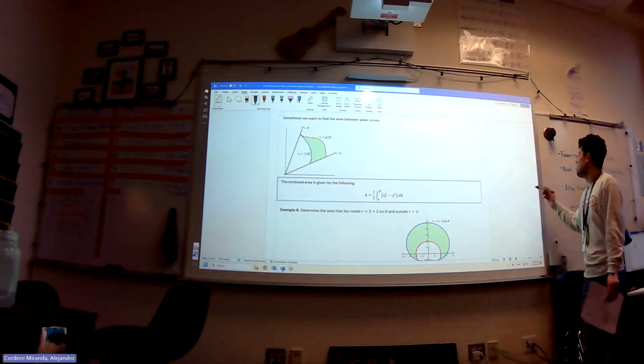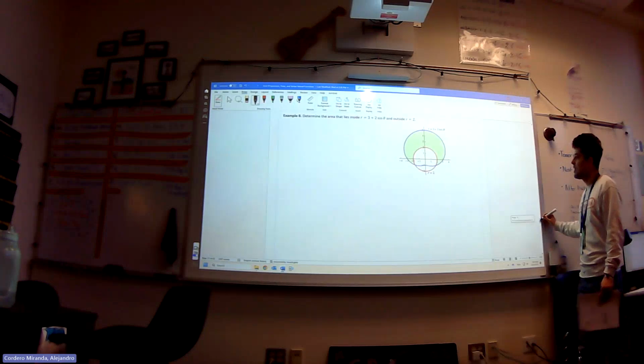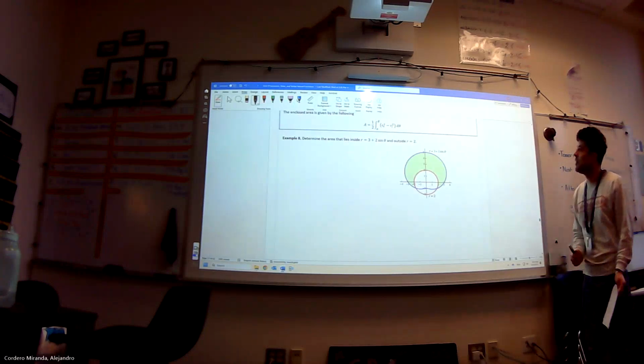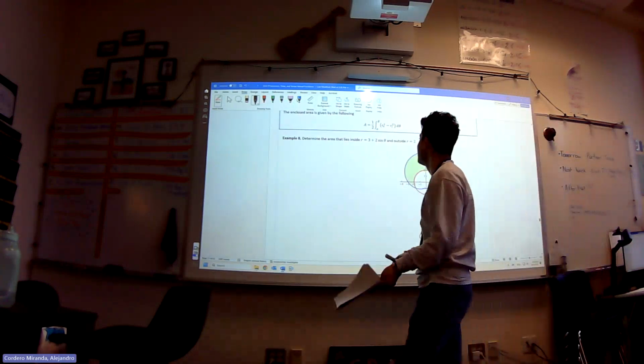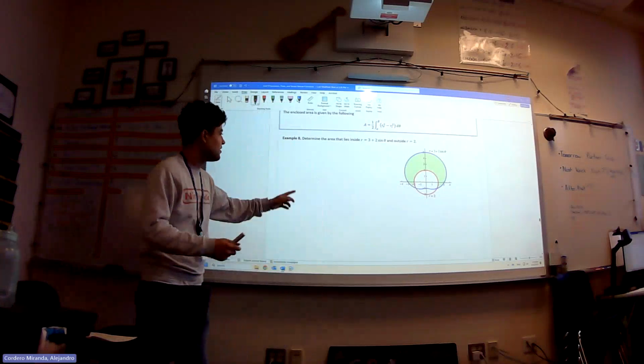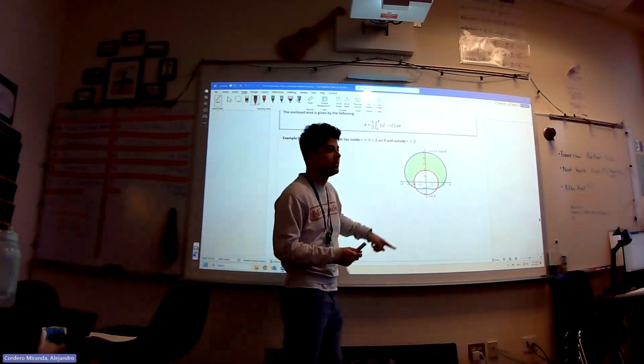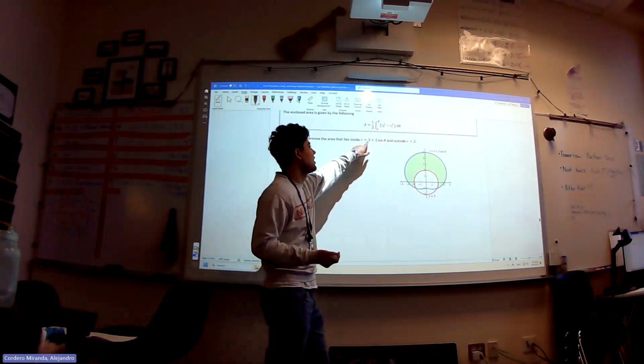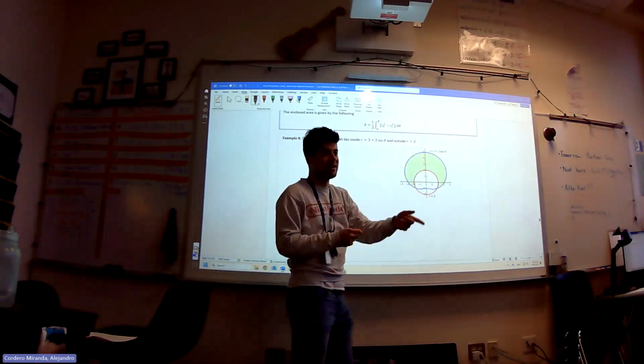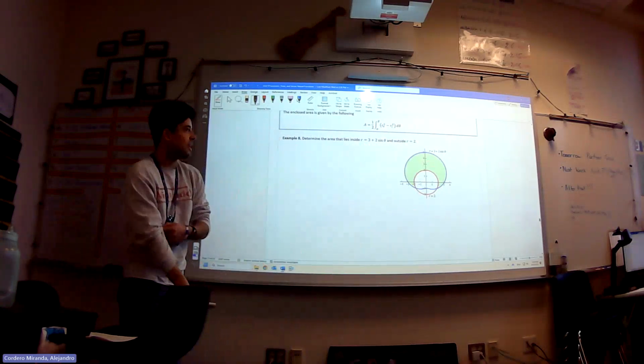Okay, so here's the example that they gave us. 3 plus 2 sine is the blue function, and the red function is r equals 2. And it says to get that green area inside this one and outside that one. Okay, cool.